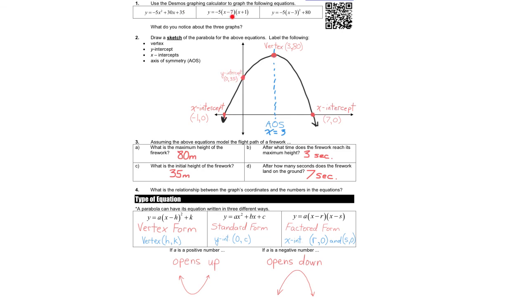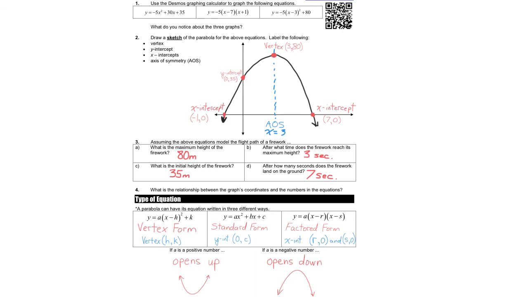In the factored form, the two numbers in the brackets are 7 and 1. This one's x minus 7, so I have a plus 7 as my one x-intercept. This is x plus 1, so I have a minus 1 as my other x-intercept. And then in the vertex form, it's x minus 3 in brackets, so the x-coordinate is positive 3, and 80 is the number at the end, so that's the y-coordinate of the vertex.